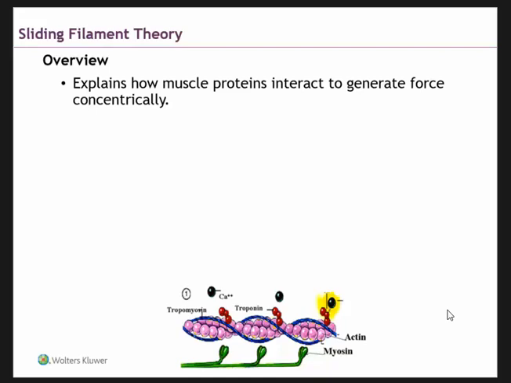But let's go back to 1954. Muscle contraction remained a mystery until an investigating theory was proposed by two groups of different scientists in the mid 20th century. The sliding filament theory was proposed in two scientific papers in 1954 in the journal Nature, which is a very prestigious journal.